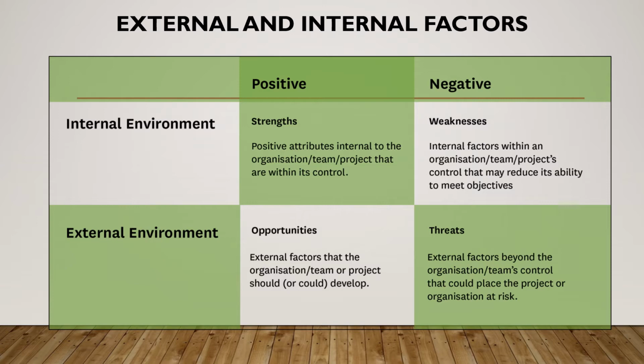Opportunity means how the external factors give the organization the chance to further improve and expand the business. And threat means external factors that will impact the performance of the organization. So these are the strengths, weaknesses, opportunities, and threats.